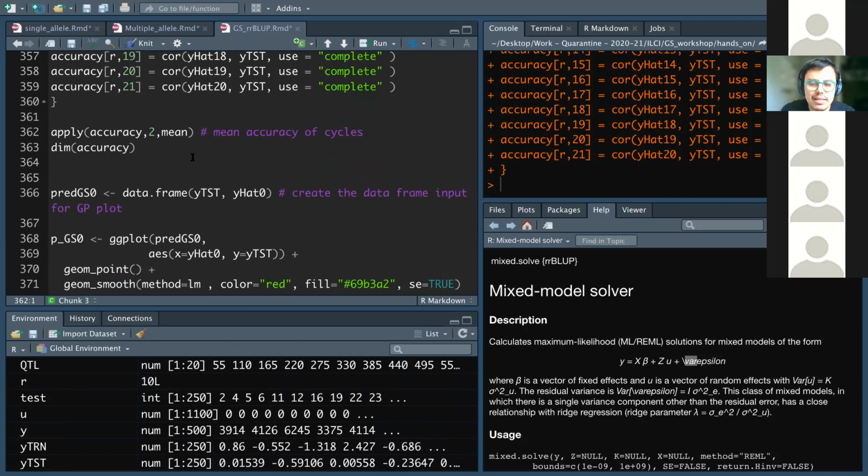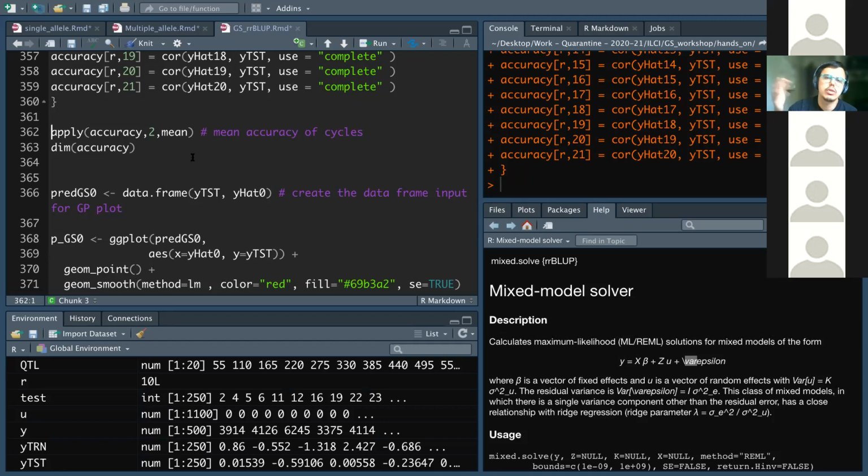Yeah, that is a really good question, because every time that you select, for example, the first time 250 lines, the model is going to estimate the allele effects using the genotype and phenotype information of those 250.